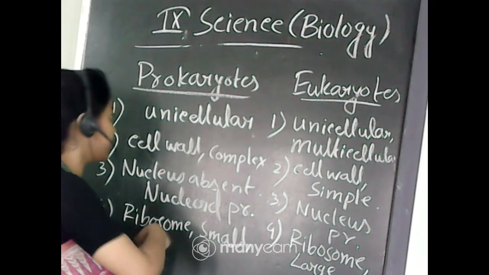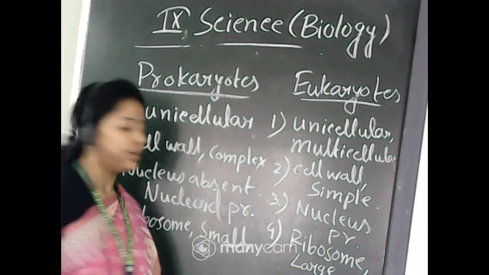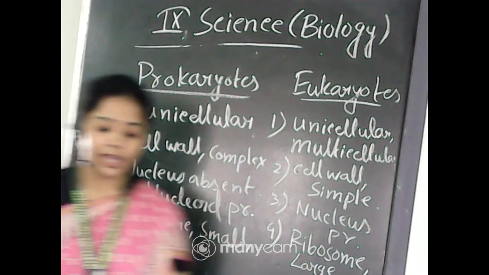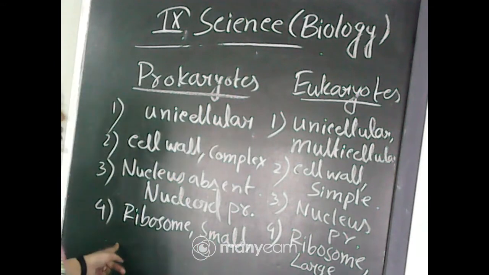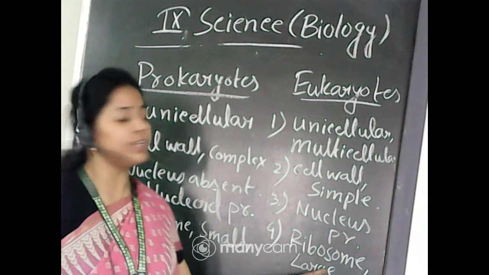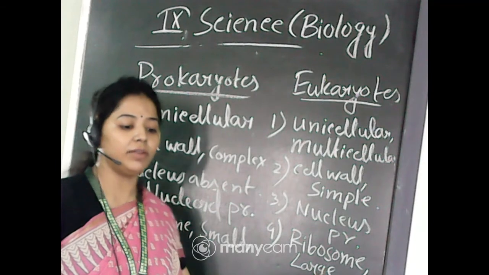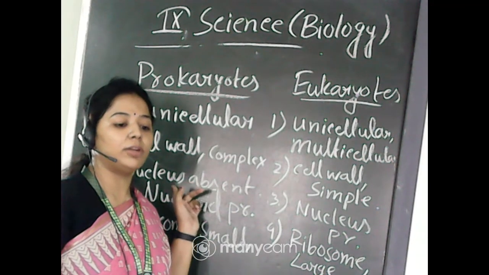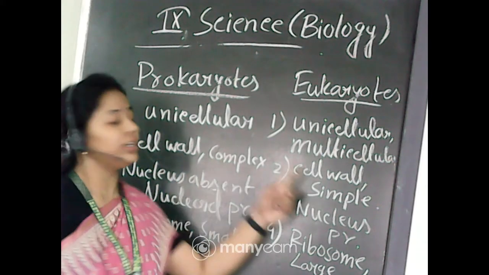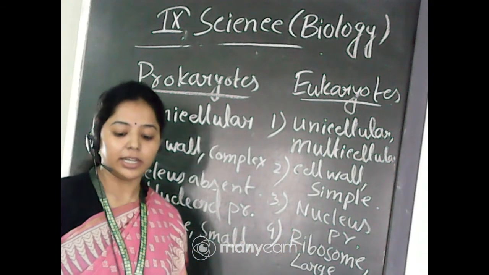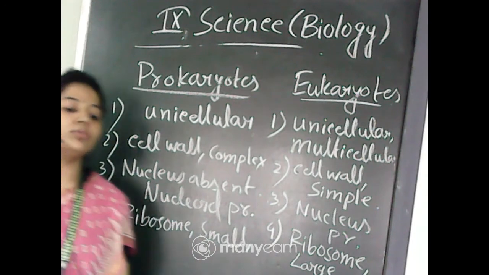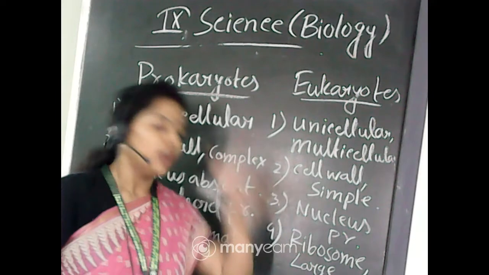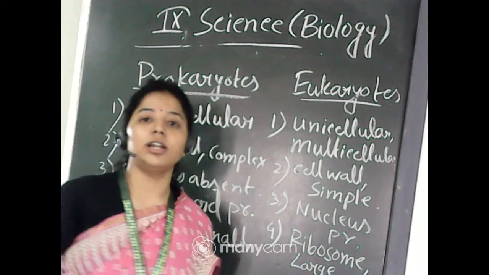Then mitochondria are absent in prokaryotes, but present in eukaryotes. Note down, everyone. Endoplasmic reticulum is also absent in prokaryotes, but present in eukaryotes. Lysosome and centrosome are also absent in prokaryotes, but present in eukaryotes.